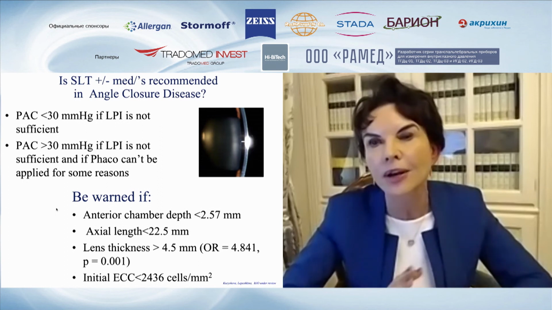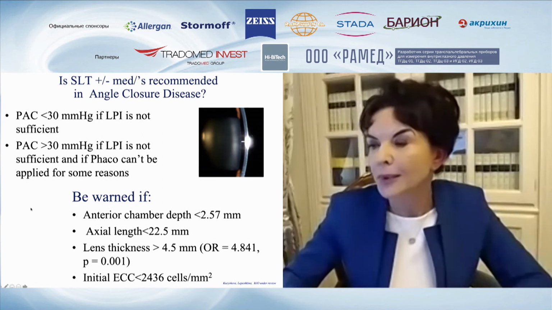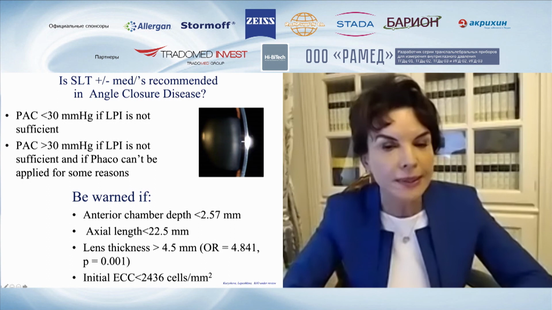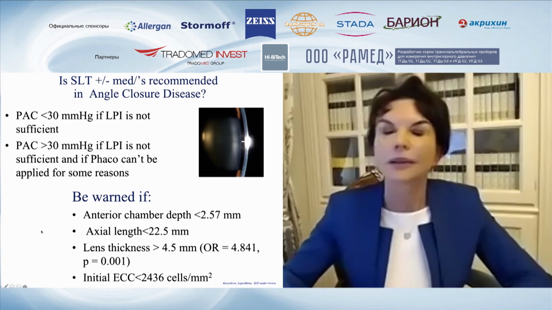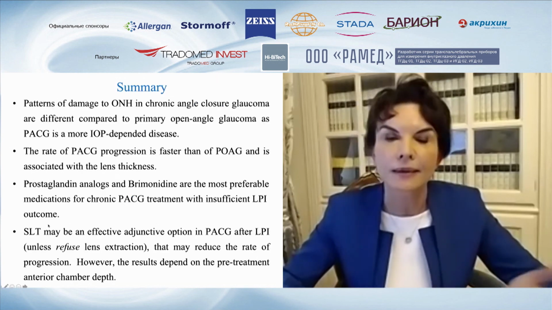These reasons are very important. I hope that we will discuss them in the next presentations. But we should be careful about the anterior chamber depth, about the axial length, and the lens thickness, that is a very important issue. And of course, about the initial endothelium cell count in regard to SLT as the method of treatment of primary angle closure.